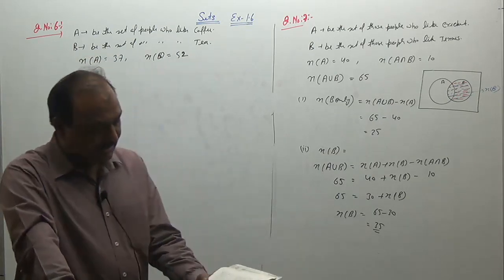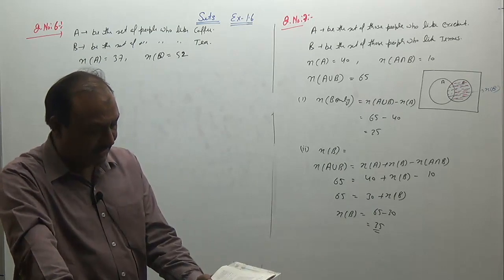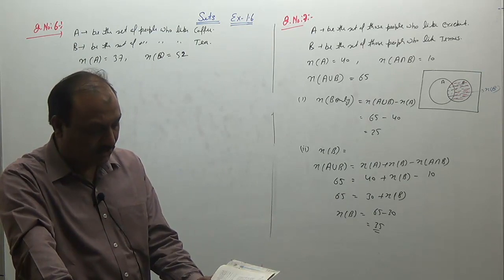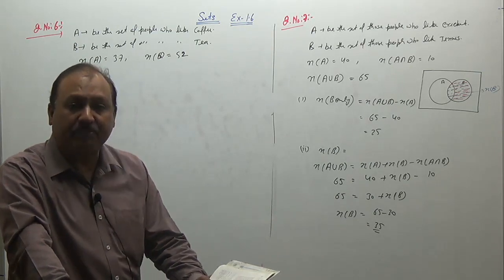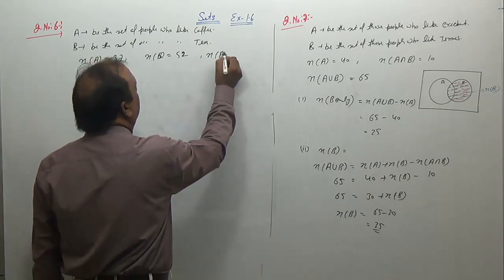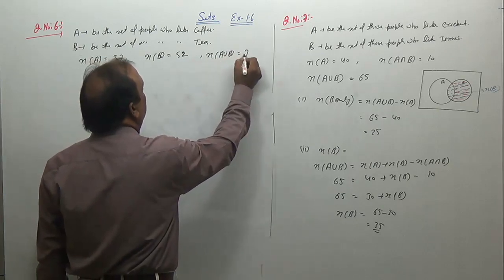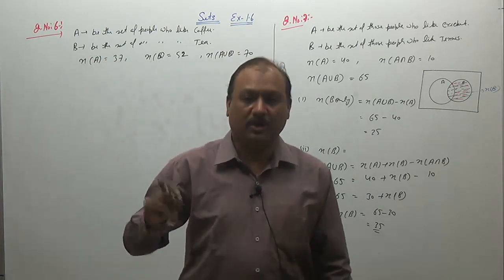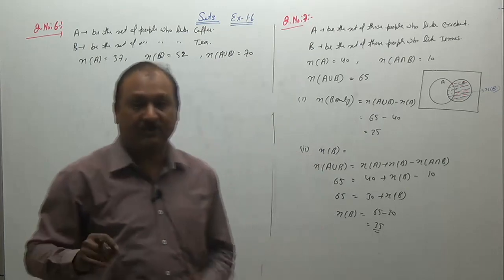So there are 37 who like coffee, 52 who like tea. And each person likes at least one of the two drinks. That is, 70 people become the union of the two. That is, A union B is equal to 70. It is confirmed that there are no people who did not take any one of the drinks.